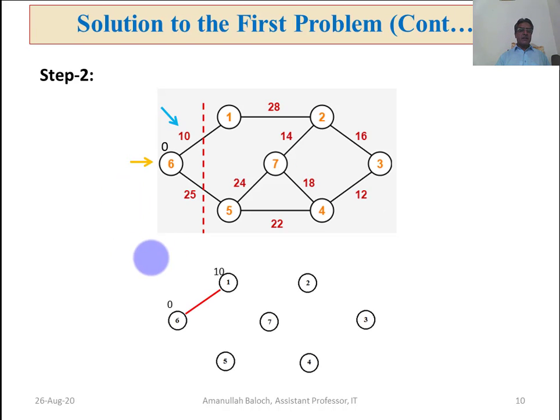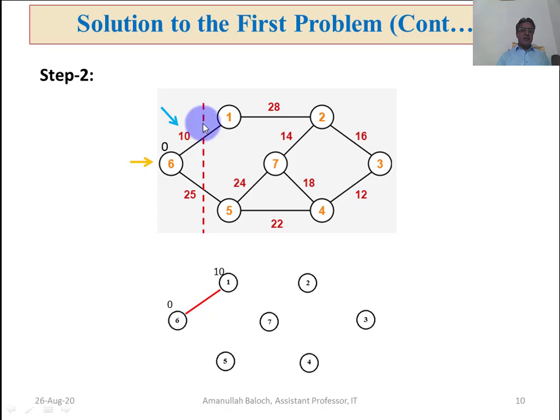Here, this node number 6 contains 2 adjacent nodes. This is node number 6, its adjacent node is 1 and its other adjacent node is 5. So this node has been processed, whose key value has been changed from infinity to 0.